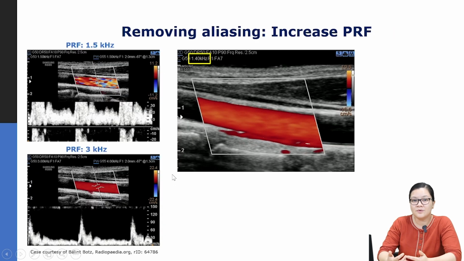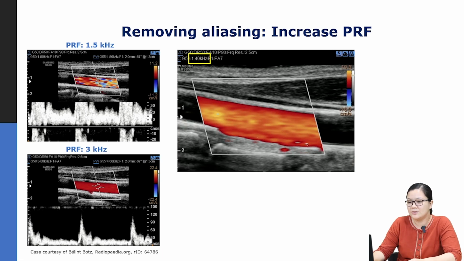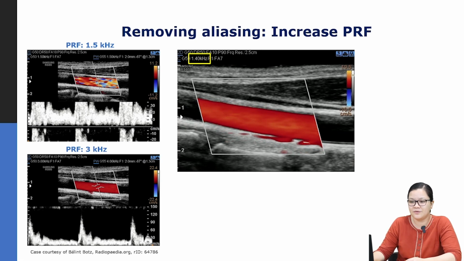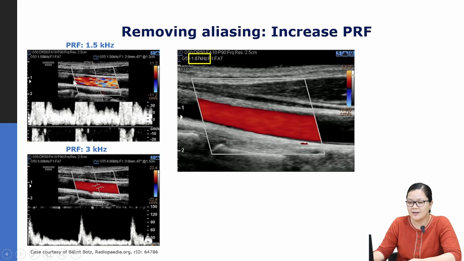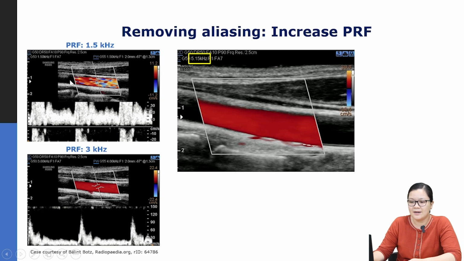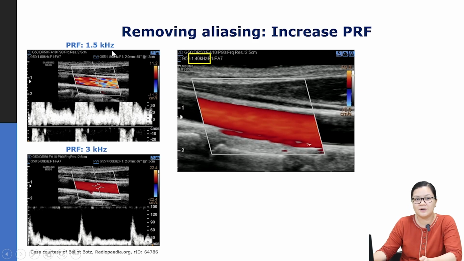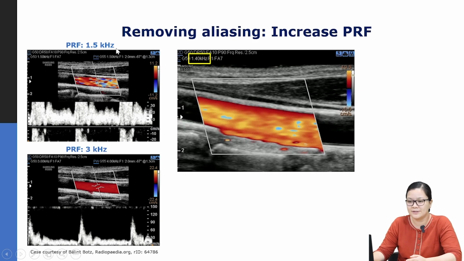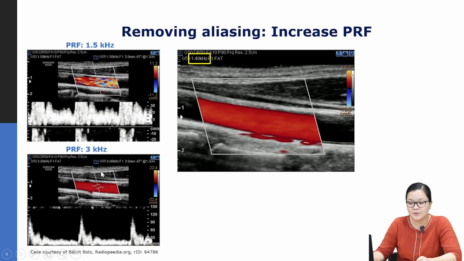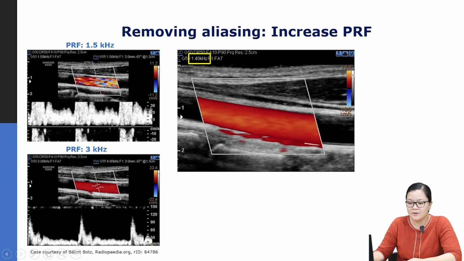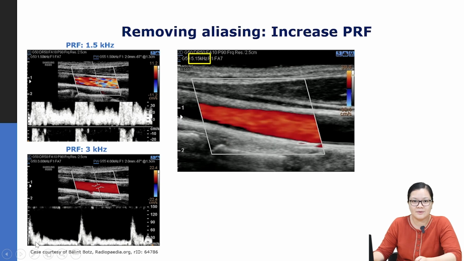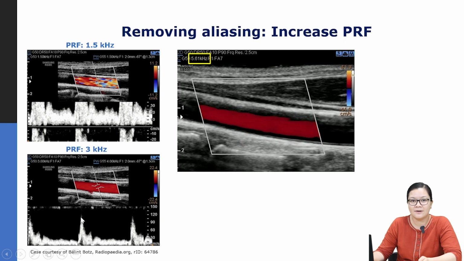One way to remove or eliminate aliasing is to increase the pulse repetition frequency. So here I showed an example of a color Doppler as well as a spectral Doppler display with a pulse repetition frequency of 1.5 kilohertz. Now if you double that pulse repetition frequency, then you can see that there are no more wraparound artifacts. The high flow velocities can be detected here.